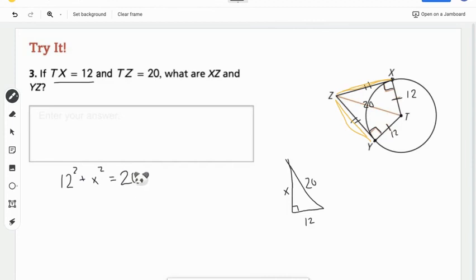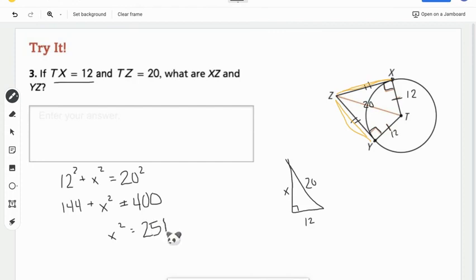Okay, so as I go through my Pythagorean theorem, I want to find out what my x is. So I get 144 plus x squared is equal to 400, right? Which means x squared is equal to 256.